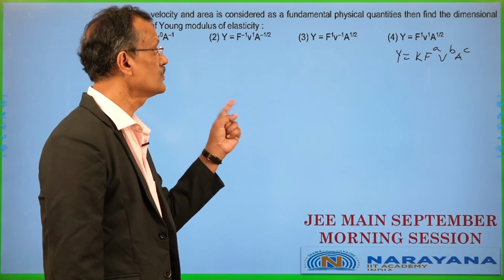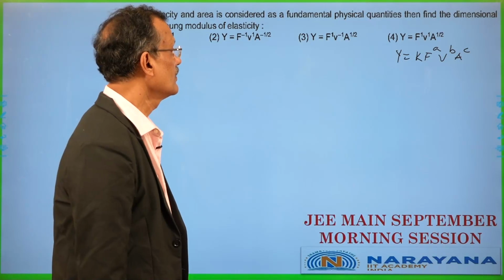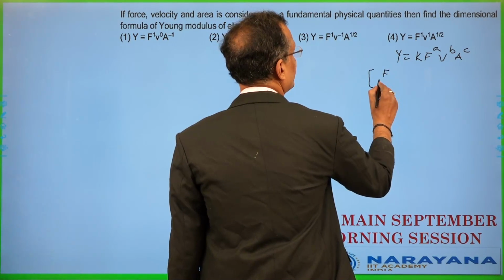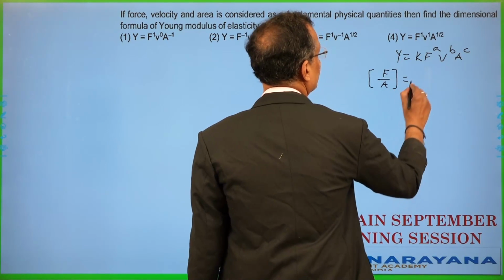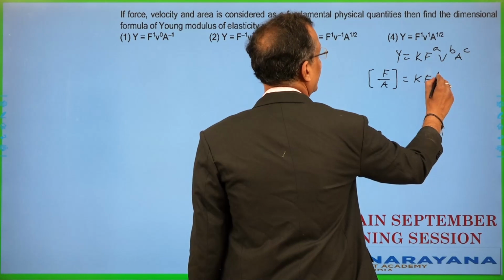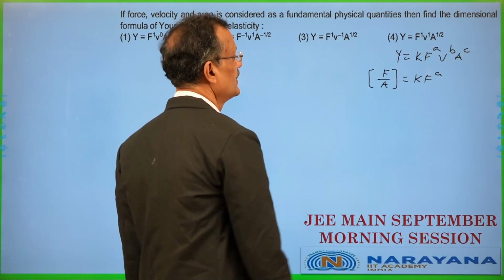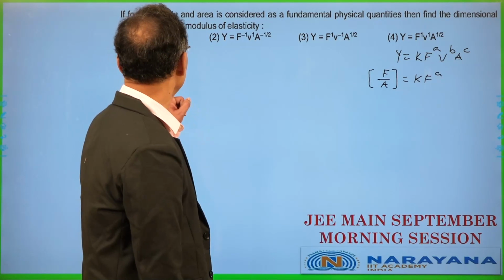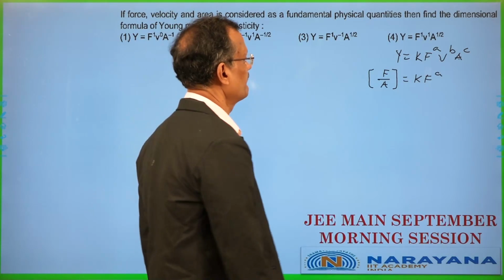The best way is there to take in terms of MLT and then to get the value of A. So I will be considering for Young's modulus, trying to develop F by A, this is equal to K F A. But there will be a problem here, because their area, velocity, if you will be taking, nothing will come here, because A already you have.